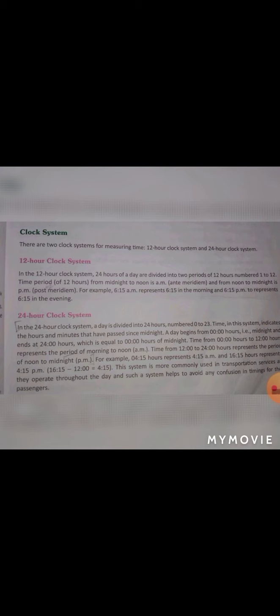A day begins from 00 hours, that is midnight, and ends at 24 hours, which is equal to 00 hours of midnight. Time from 00 hours to 12 hours represents the period from morning to noon, that is AM. Time from 12 hours to 24 hours represents the period from noon to midnight, that is PM.